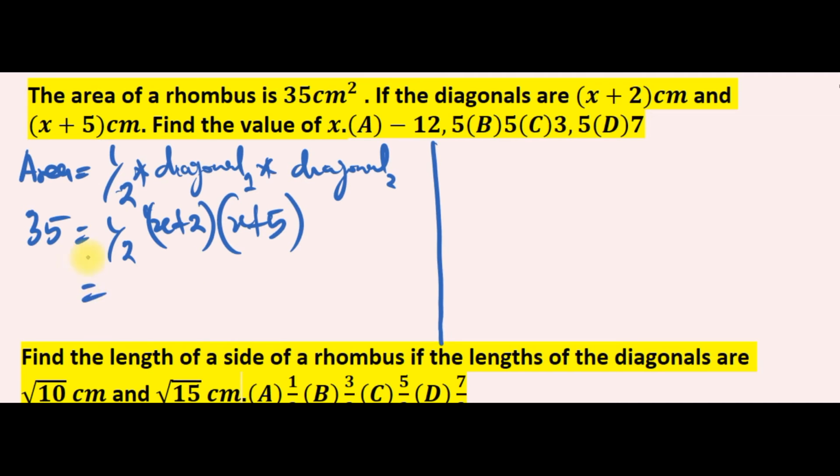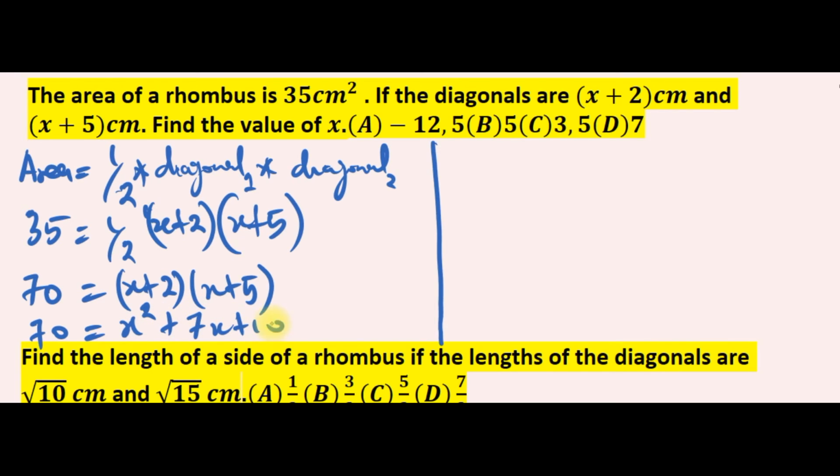Okay, we are forming an equation here, so we have 70. That's 2 times 35. We are left with x plus 2 times x plus 5. So we expand this. This is x squared plus 2x plus 5x, which is 7x, plus 10.